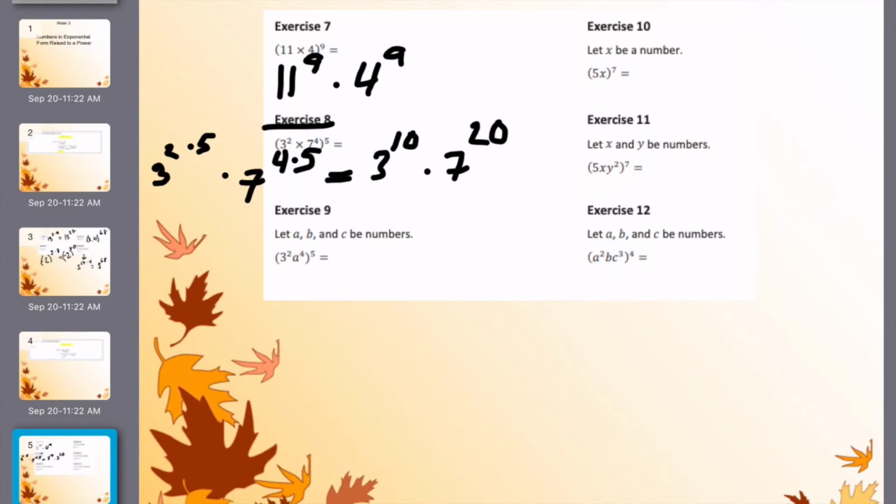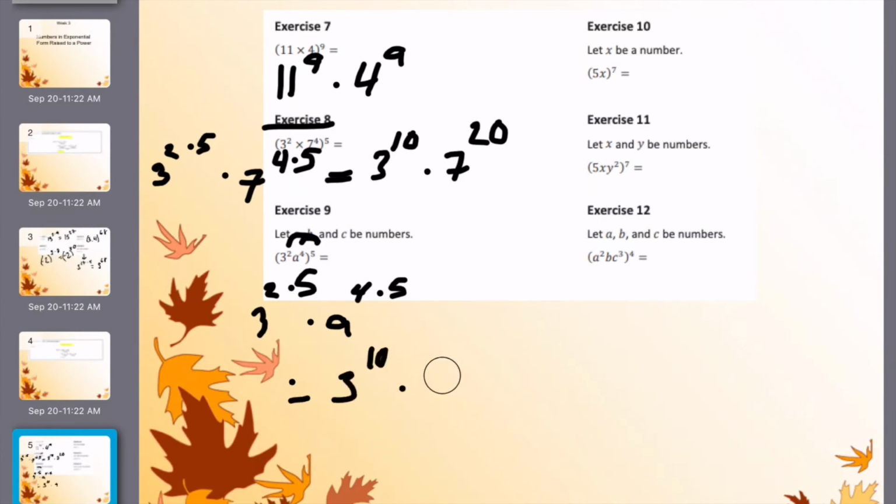Couple more examples here, then we're done. So exercise 9, again, I need to distribute that power of 5 in there. So it's just 3 to the 2 times 5 and a to the 4 times 5. So that becomes 3 to the 10th times a times a to the 20th.